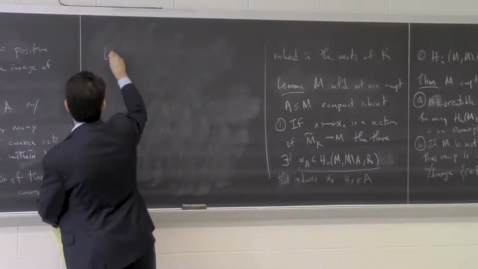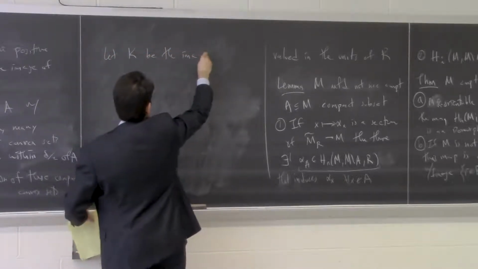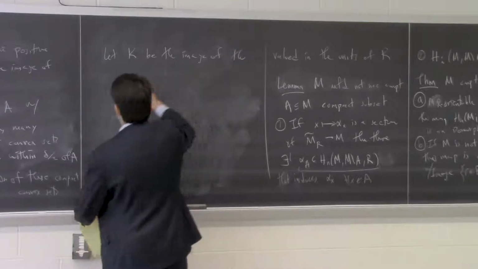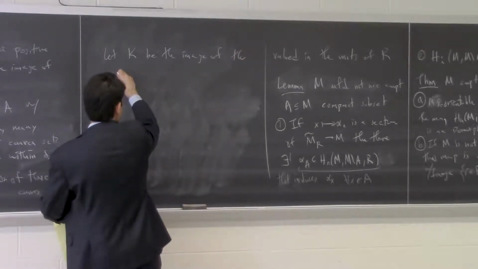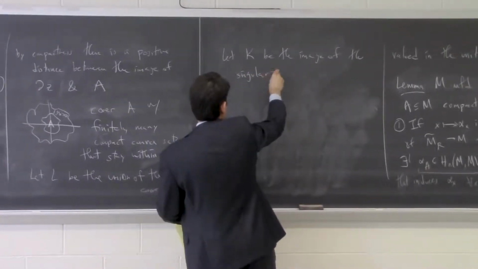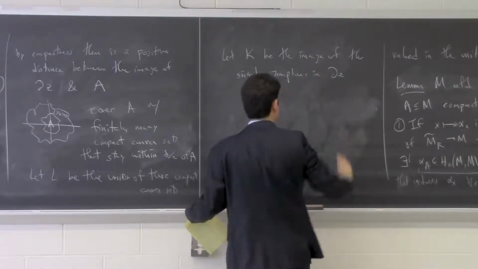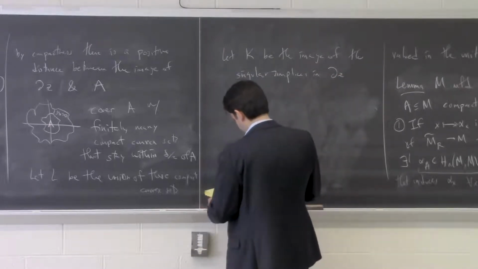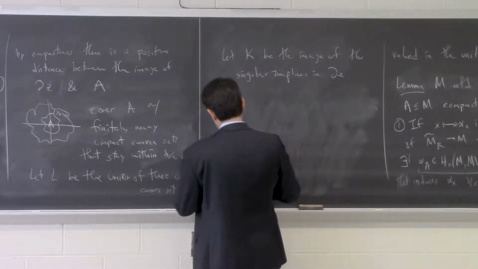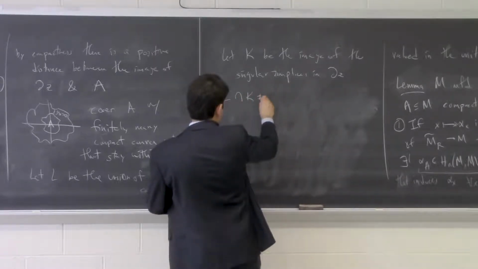Okay, and let K be the image of the singular simplices in boundary Z. Okay, so L and K do not intersect.